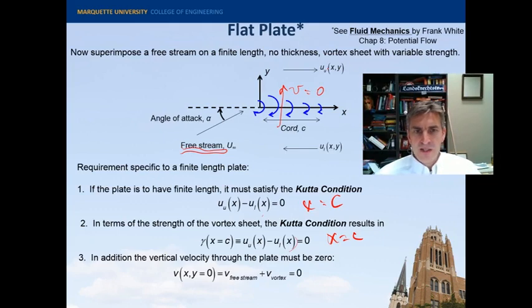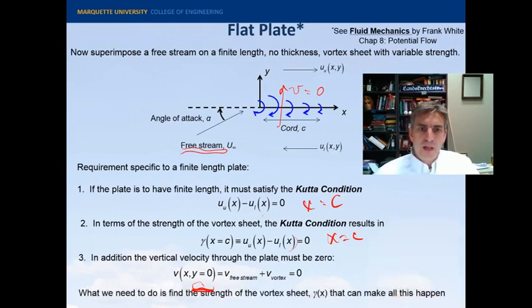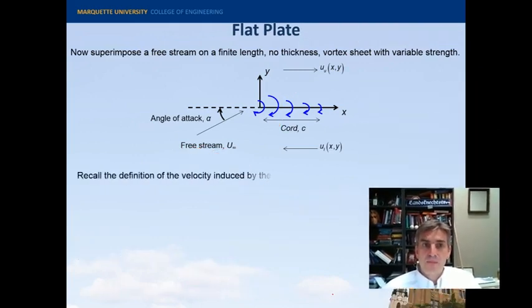So this would require that at y equals 0 along the plate, the free stream velocity plus the velocity generated by the vortex, I should say, the y components of those velocities need to sum to 0. So what we need to do is to find this vortex strength, gamma, that makes all of that happen. So really what we're trying to do here is solve for gamma.